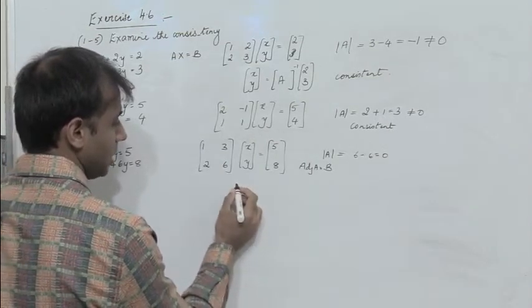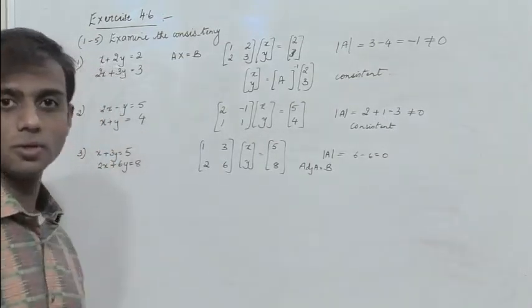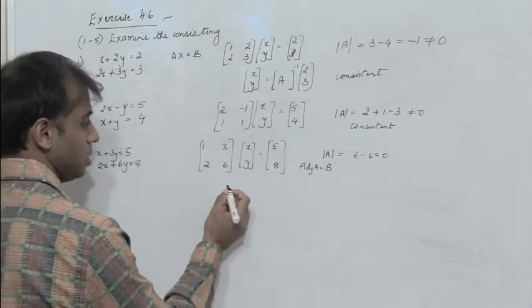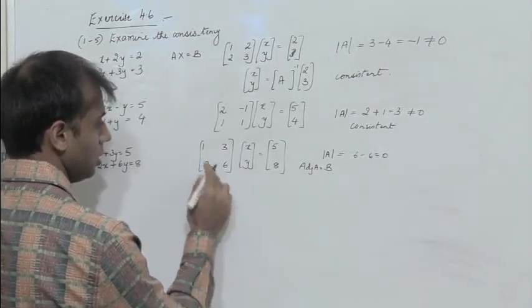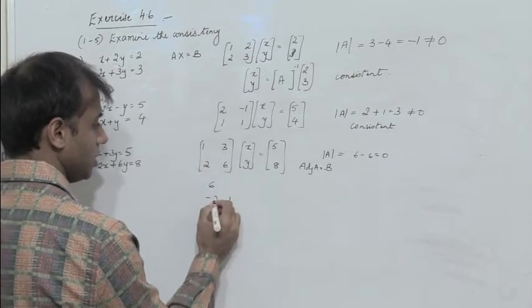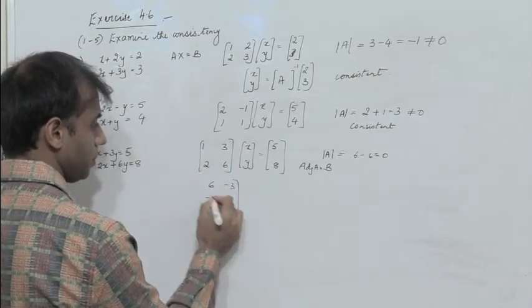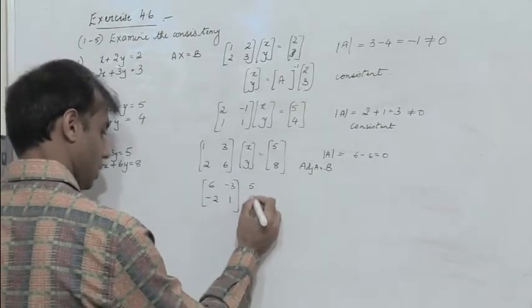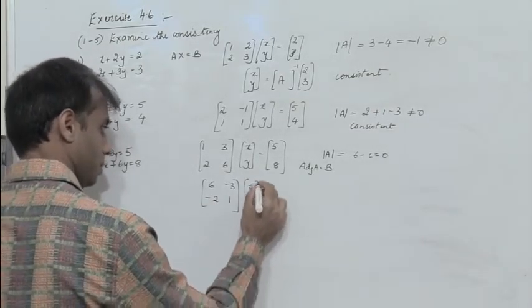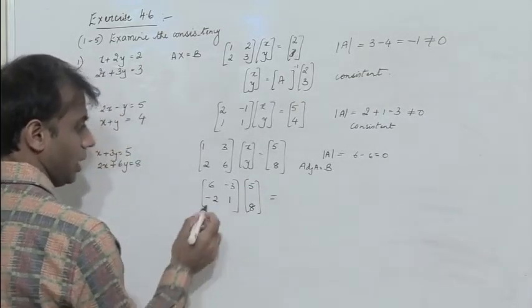Interchange the principal diagonal elements. So this is only for a 2 cross 2 matrix. We can directly find the adjoint A. Interchange the principal diagonal elements. So I get 6 and 1 and negate the other elements, minus 2, minus 3, right? So this into B, which is 5, 8. So what do we get?